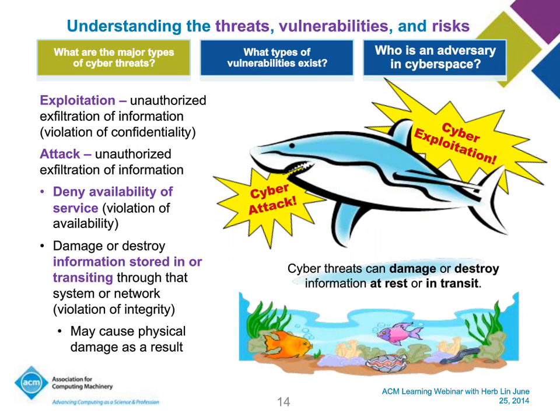And then attacks, sorry, there's a typo there. Attack is not the unauthorized exfiltration of information, but it does include denying availability of service and destroying or damaging information stored in or transiting through those networks. And such actions could cause physical damage as a result.